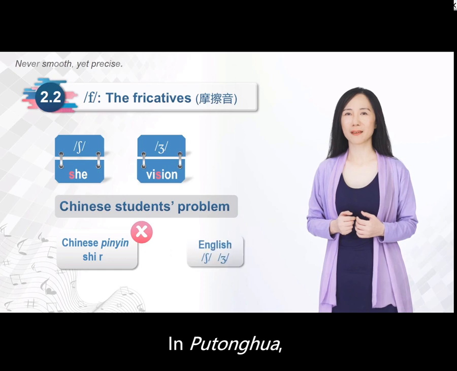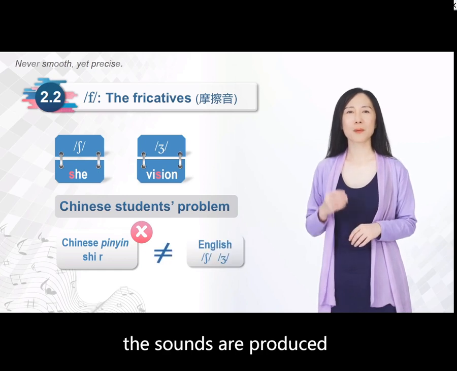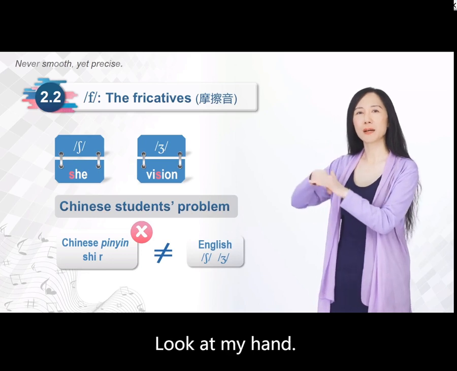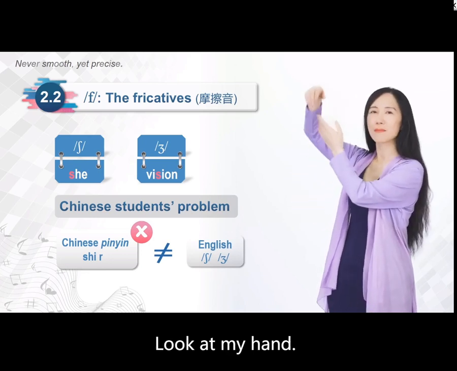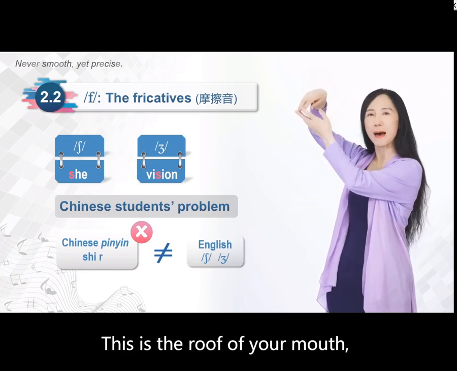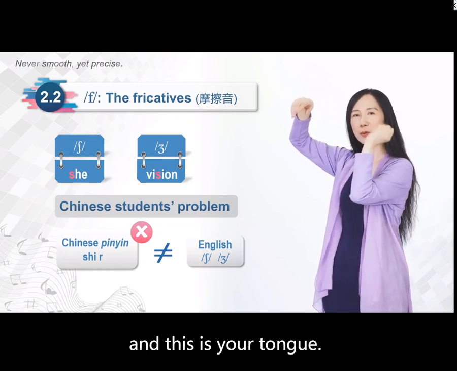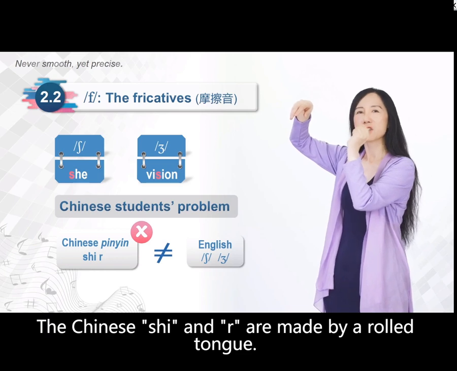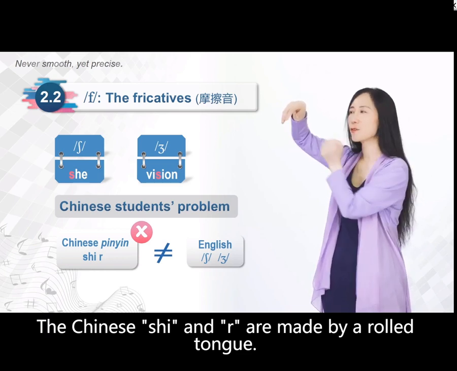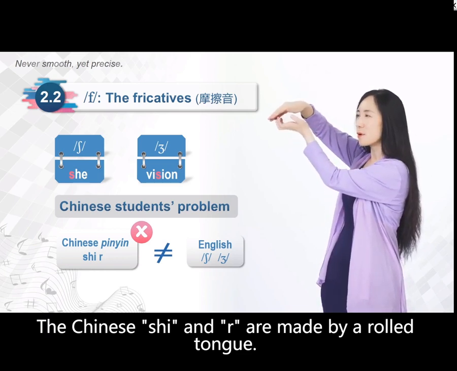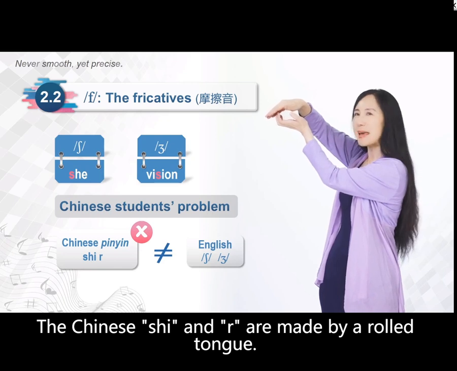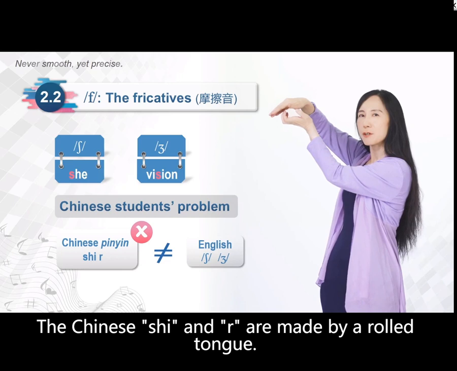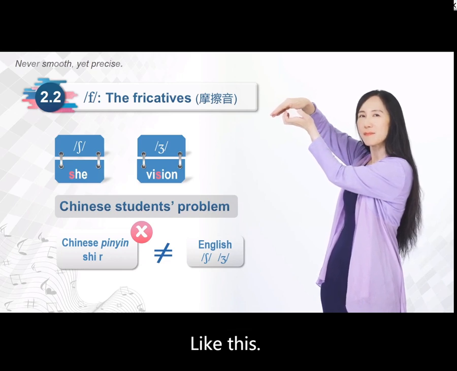In 普通话, the sounds are produced with rolled tongue, 卷舌音. Look at my hand. This is the roof of your mouth, and this is your tongue. The Chinese sh and r are made by a rolled tongue, 是卷舌的 like this.